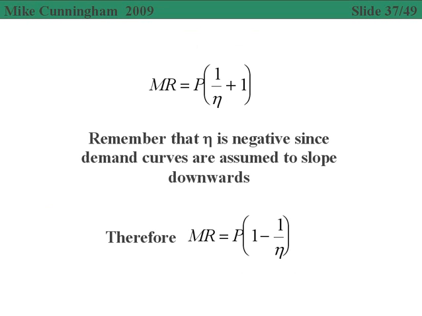Well, if eta is negative, then in fact we should say marginal revenue is equal to price into 1 minus 1 over eta, because this one's a negative, so move it over there, move it to the right. Okay, that's the relationship between marginal revenue and price. Price is average revenue. That's the relationship there. If we multiply price by this figure, we'll get the marginal revenue.